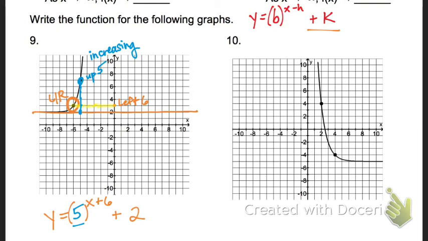So let's look at number 10. I'm going to put a dot right here and ignore this one. There's a little typo. Not a typo, but just put a dot here. So where's my asymptote for number 10? Negative 5. So y equals, and then I'm going to have negative 5 at the end. I'm going to use the point closest to my asymptote. That's going to be my left or right shift.